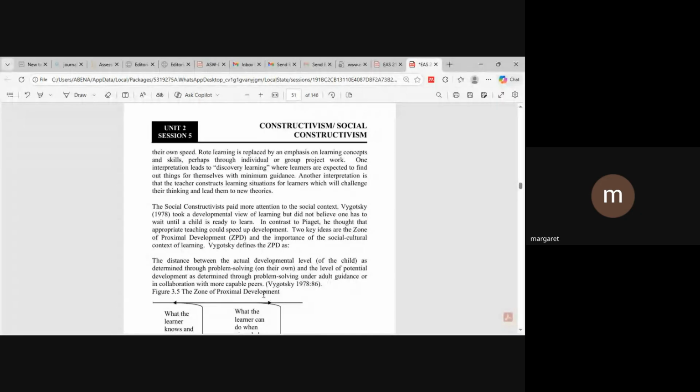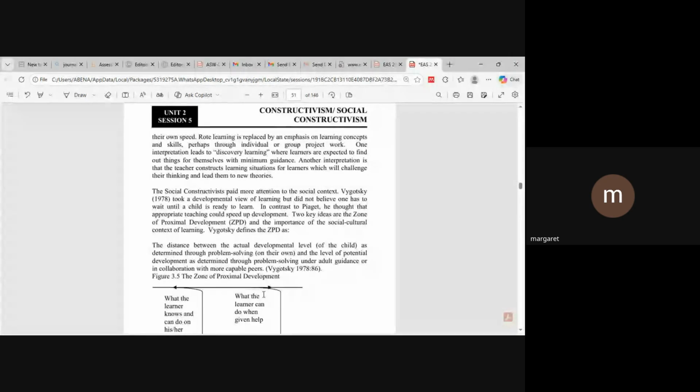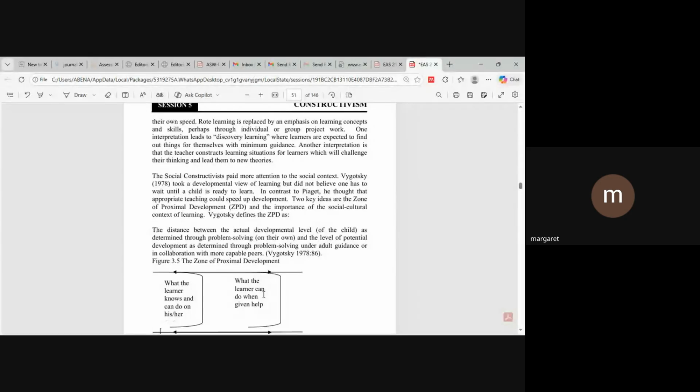There are two important issues in the social constructivist theory. We have one called the zone of proximal development, and then we have, let me show you first.